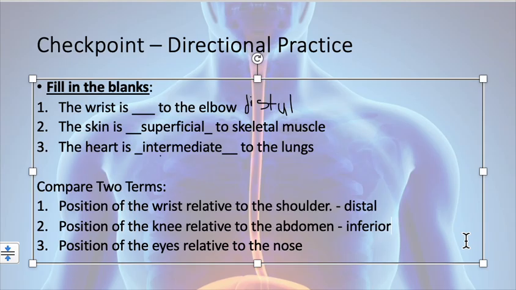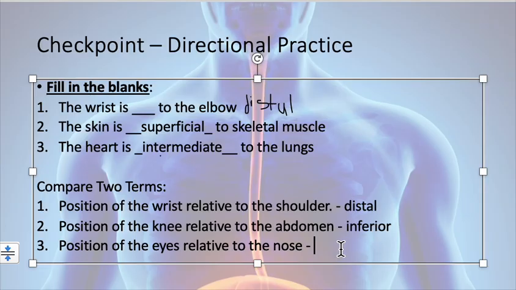Some may say the knee is more caudal, but caudal typically refers to tail. So the more accurate term here would be that the knee is inferior relative to the abdomen because it is below.